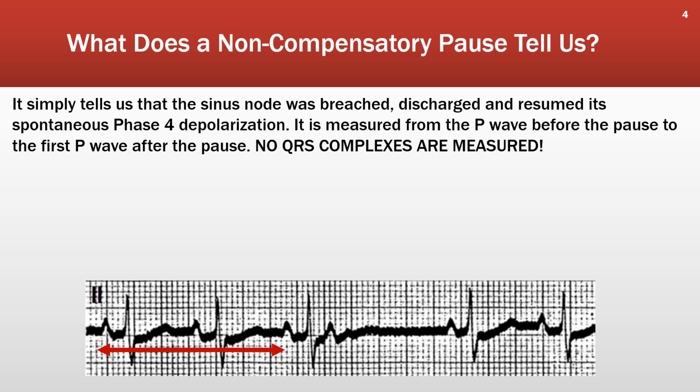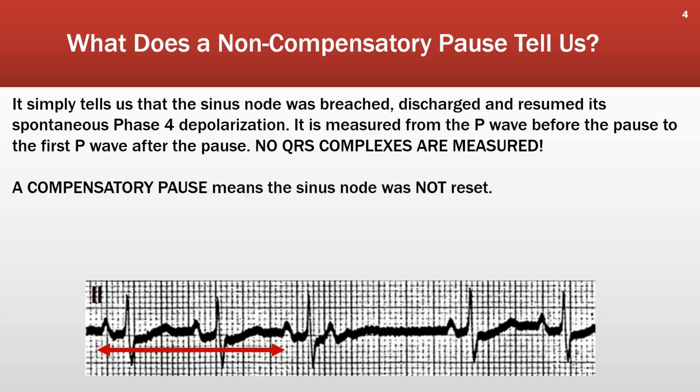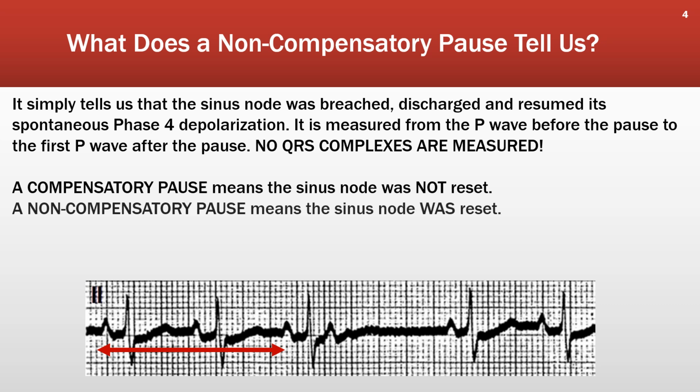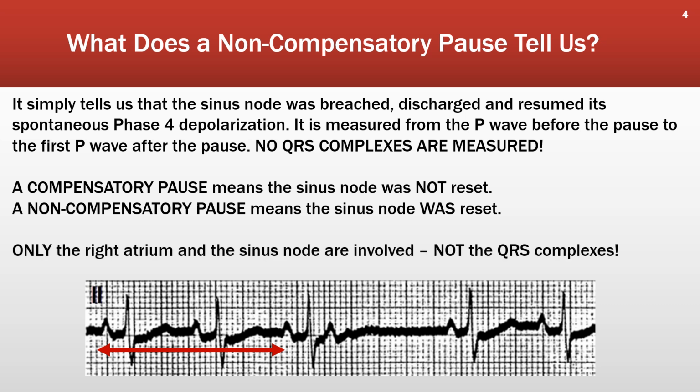No QRS complexes are measured. A compensatory pause means that the sinus node was not reset, but a non-compensatory pause means the sinus node was reset. Now, only the right atrium and the sinus node are involved, not the QRS complexes.